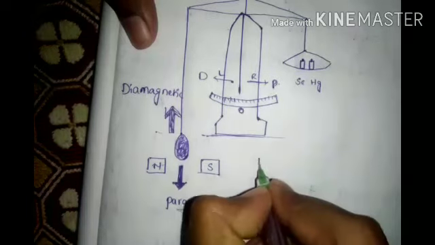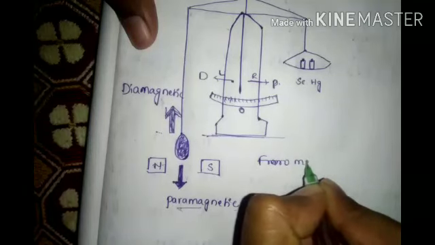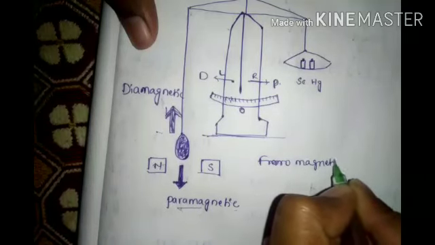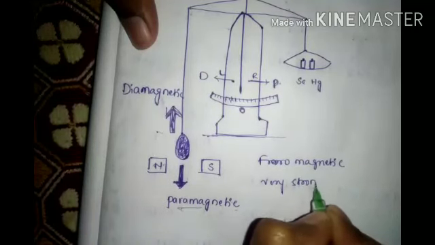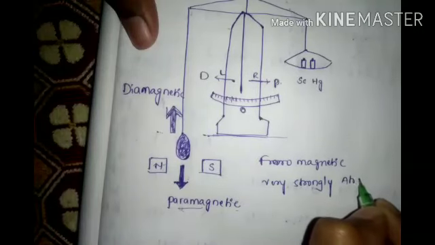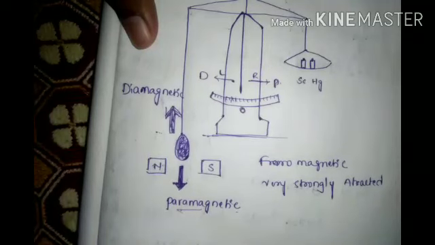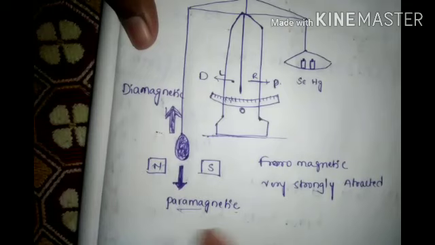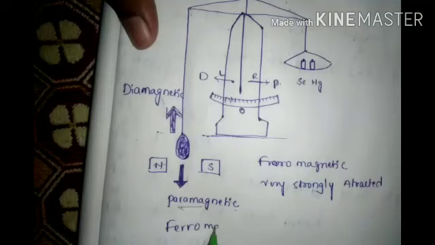What is ferromagnetic? It means very strongly attracted, not just simply attracted. Very strongly attracted is called ferromagnetic.